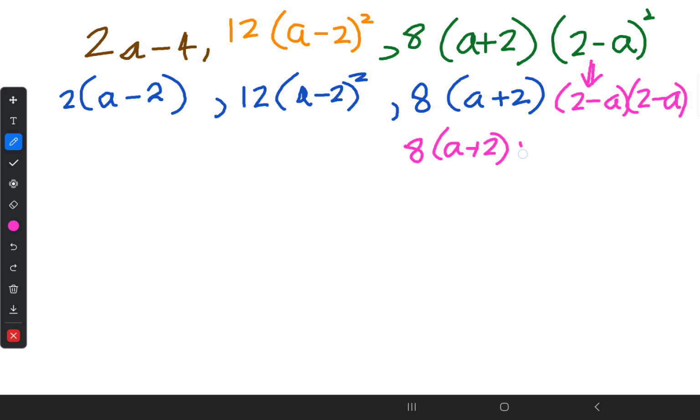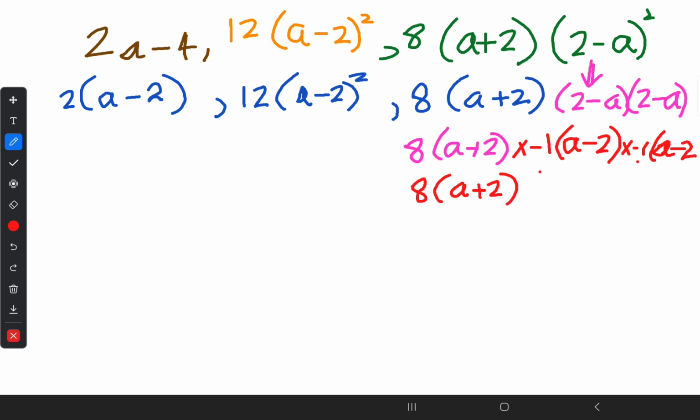From 2 minus a, I will select negative 1 as a common factor. So 2 minus a will become a minus 2. In the second component also, 2 minus a, select negative 1 as a common factor and write the rest as a minus 2. Okay, we have completed our work. Thereafter, in the next one, 8 times (a plus 2), negative 1 multiplied by negative 1 will become positive 1, no need to indicate that.